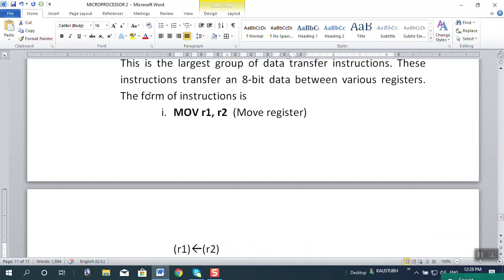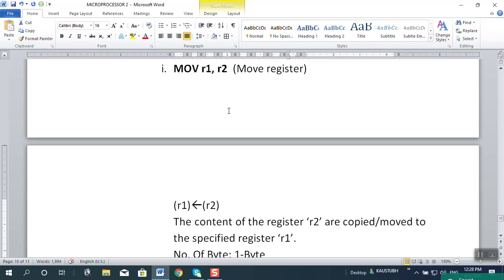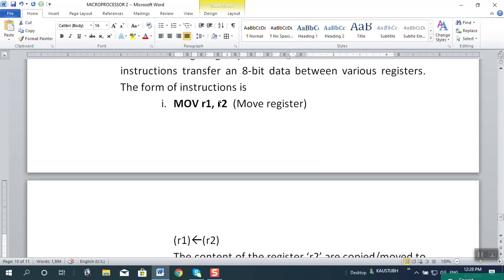Suppose the instruction is MOV A, A. There is no meaning to this, but still the instruction is there. Similarly MOV B, B, MOV C, C, MOV D, D do not make any changes, because it is C to C, D to D, A to A, B to B. Otherwise, MOV A, B, MOV A, C, MOV B, A, like that.